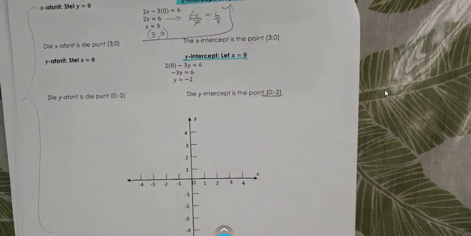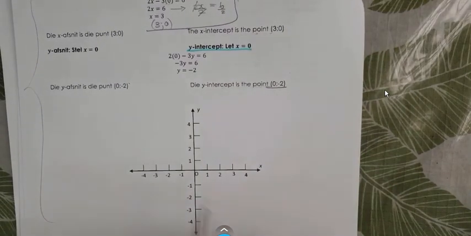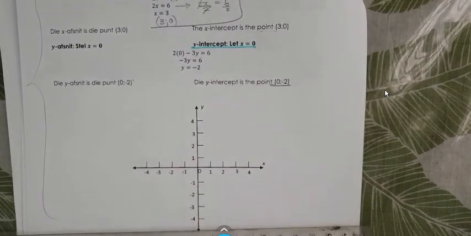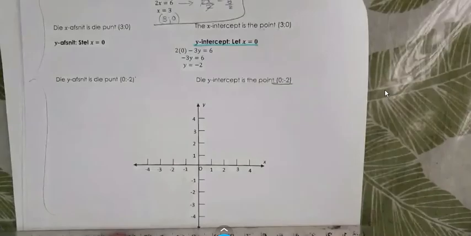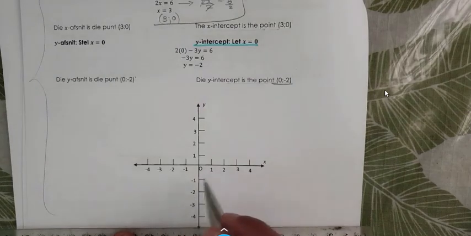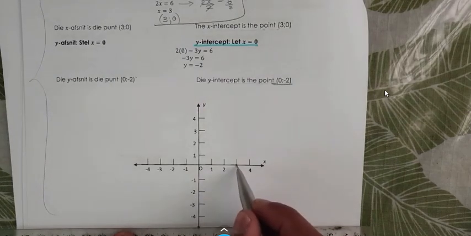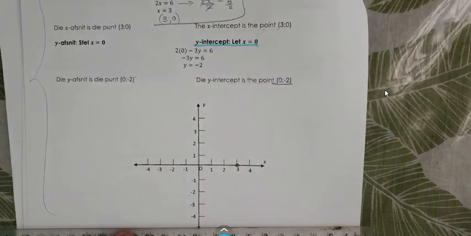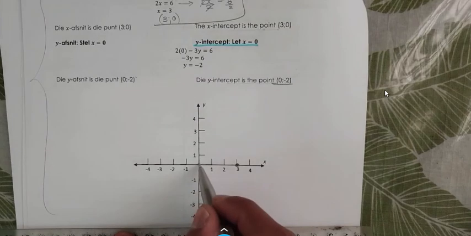So now I'm going to plot those two points on my Cartesian plane. I'm going to first plot the x-intercept. So where's the x-intercept? It's here at 3 and 0. What is my y-intercept? 0.